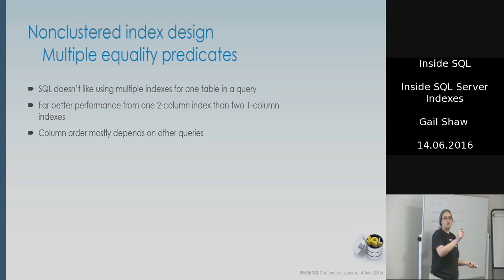When you're trying to support multiple queries with as few indexes as possible, that's when it becomes very important to get the index column order correct. Because if these were the two queries that I was trying to support on this table, well, now what's my index column order?